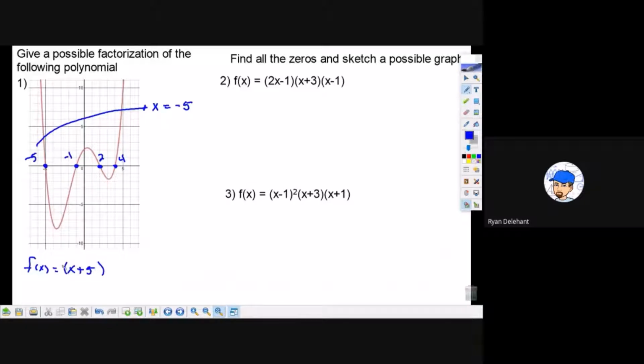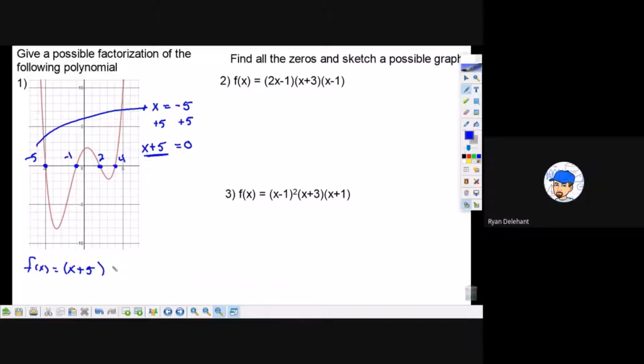The way that we figure out what goes inside these parentheses is we take this 0 and we make it equal to 0, meaning how do I get rid of this -5? I would add it to both sides. That would put this out here at 0 and give me x plus 5. The x plus 5 is what goes into the factored form. We're really working backwards from the factored form of finding the zeros.